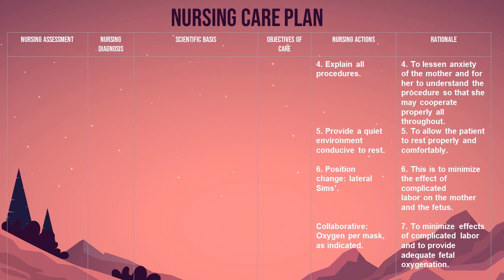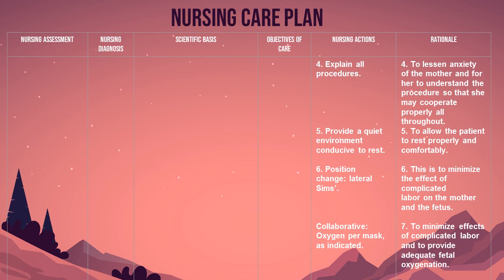Our fourth nursing action is to explain all procedures. This is to lessen anxiety of the mother and for her to understand the procedure so that she may cooperate properly all throughout. Our fifth nursing action is to provide a quiet environment conducive to rest. This is to allow the patient to rest properly and comfortably.